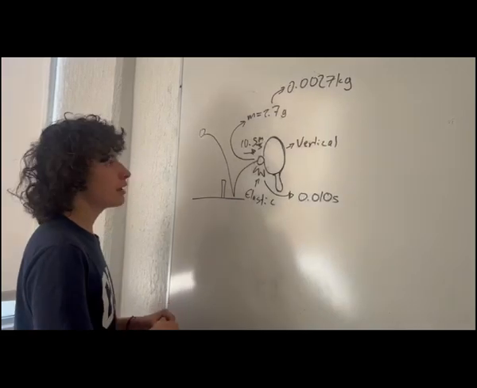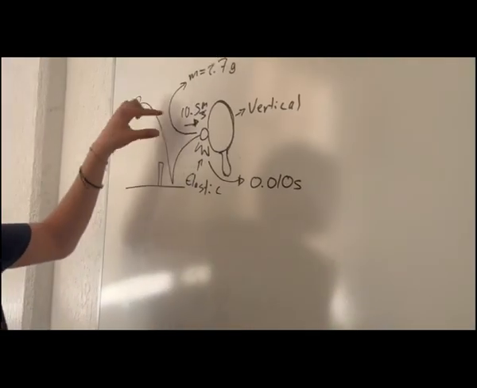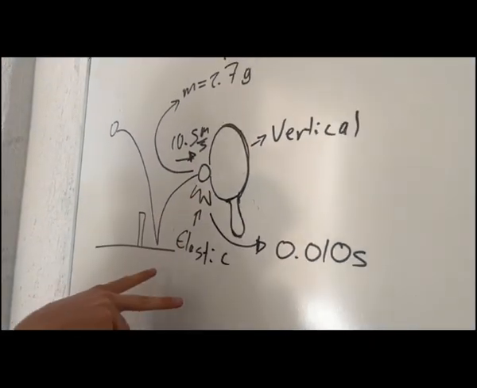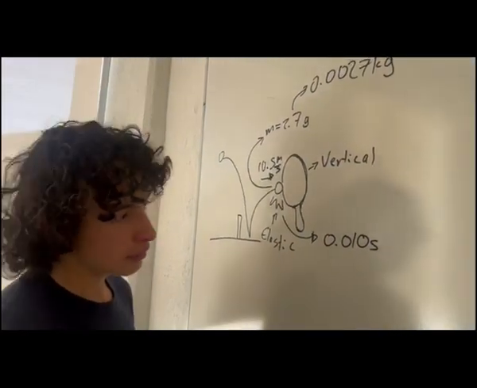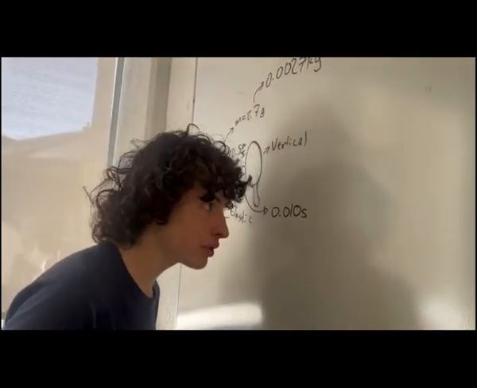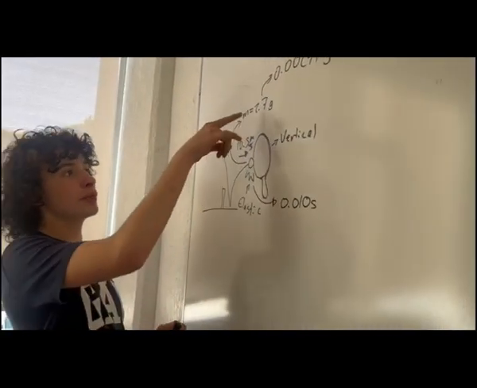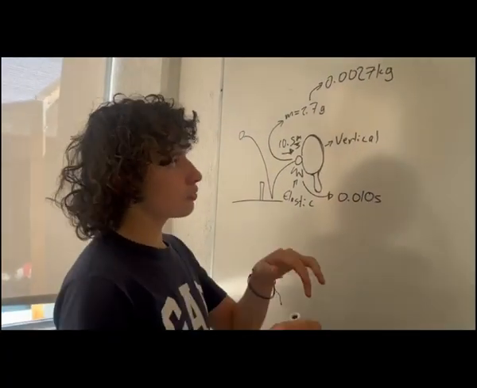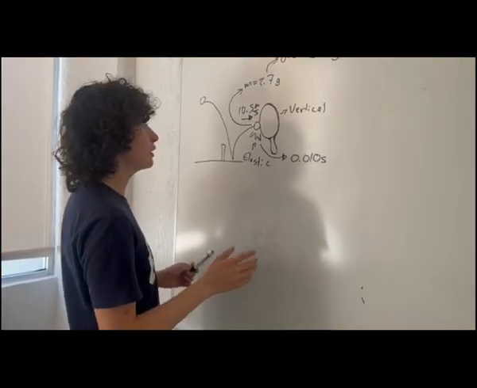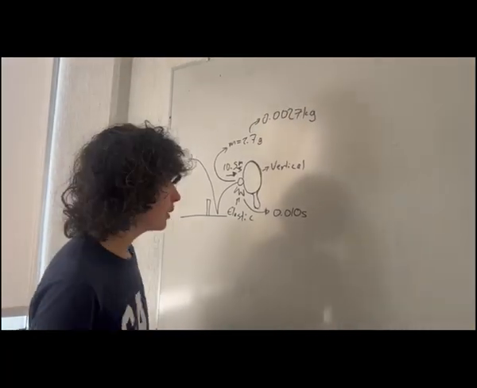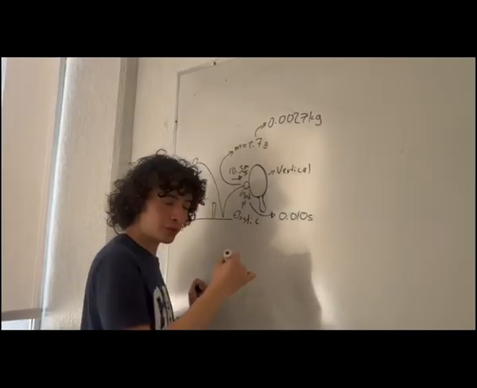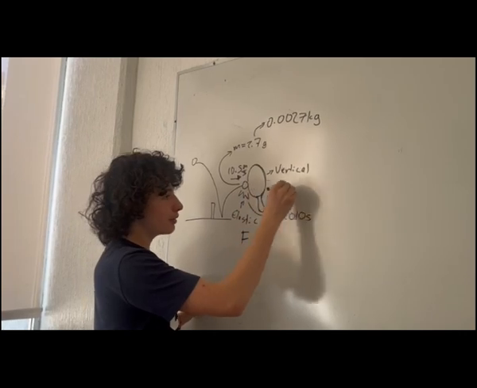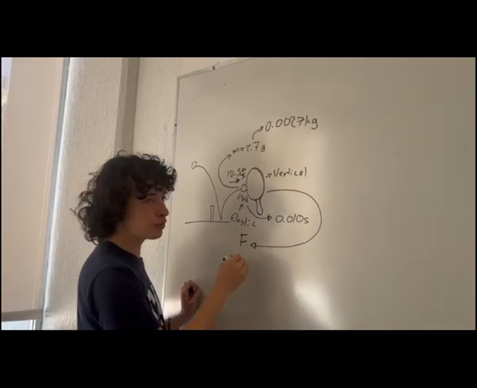The problem says that the ball is going at 10.5 meters per second. The collision is completely elastic and it takes 0.010 seconds. We know that the ball's mass is about 0.0027 kilograms, and that's it. What do we need to get? We need to get the force that the paddle is applying to the ball.